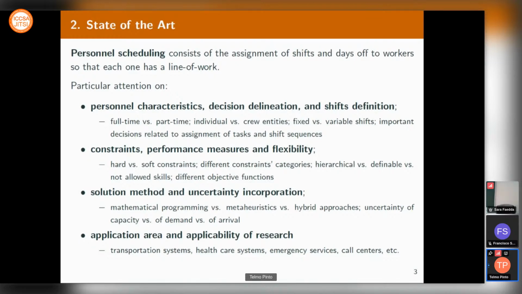In terms of solution methods, they range from mathematical programming, the exact ones, with which we achieve the optimal solution, to metaheuristics, and sometimes we mix them within hybrid approaches. Uncertainty factors are also considered in this kind of research, which has a lot of applicability in healthcare, emergencies, and of course, call centers.